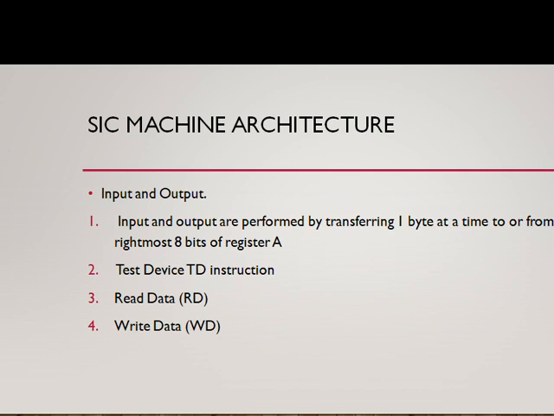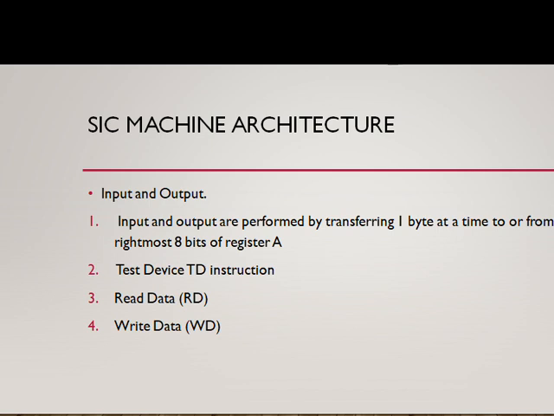Then we have the input and output devices. Input and output are performed by transferring one byte at a time to or from the rightmost 8 bits of the register A. Here the input and output operation will transfer the byte to or from the rightmost bits of the register.